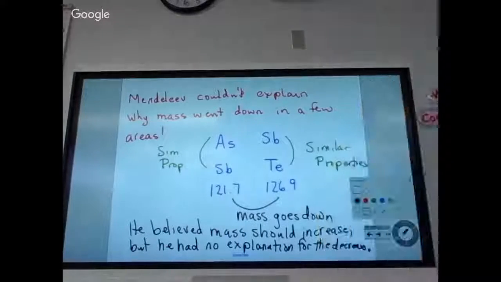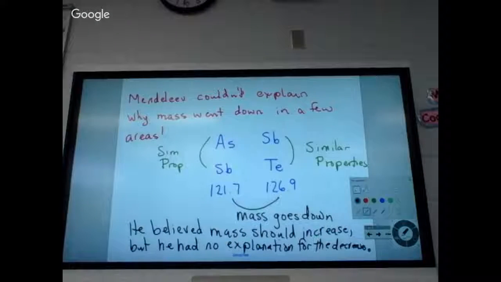Okay? So, the properties made him say, okay, SB and TE have similar properties. AS and SB have similar properties. So, those should go together. But the masses go down. Why do they go down? He had absolutely no idea why those masses went down. He could not explain it. But he thought the masses should go up.